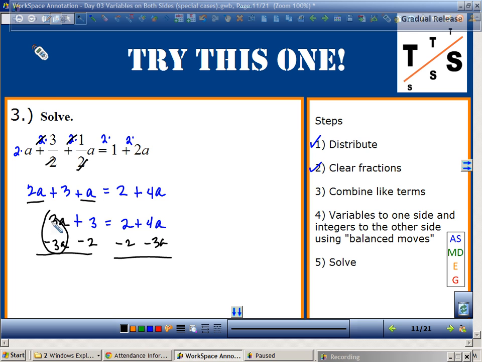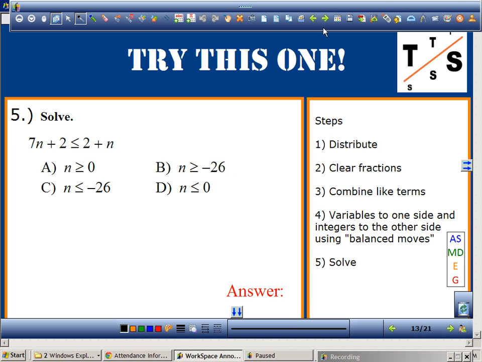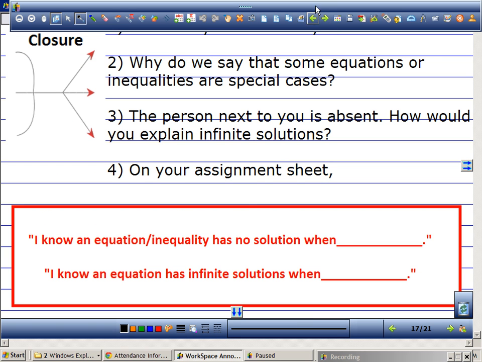I'm left with 1 equals A, and that's my answer. Any questions on this one? It's okay if you do it differently. Yes, absolutely. There's lots of different ways to approach these problems. At first, I just took away the A from both sides? Good. All right, so I'm going to skip over these because we're running out of time.